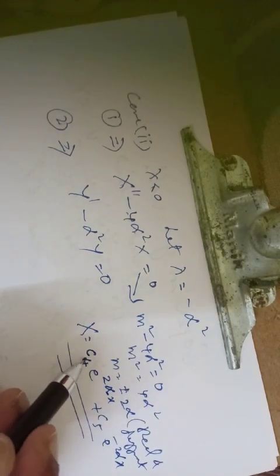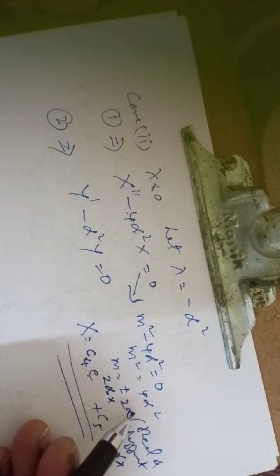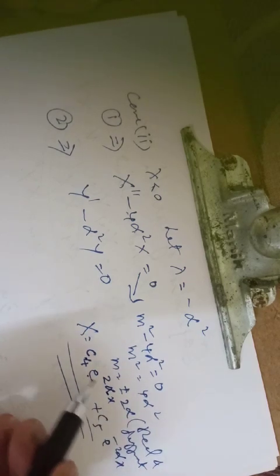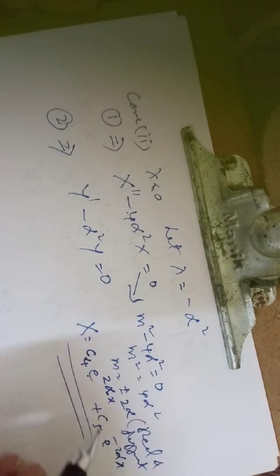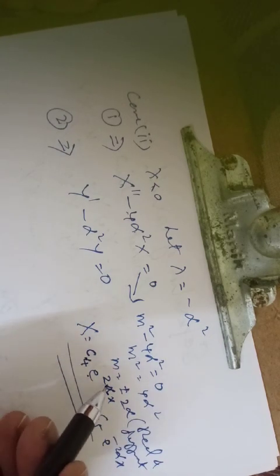So the solution is a constant times e raised to m1 x plus a constant times e raised to m2 x. Here c4 e raised to m1 x, m1 is 2 alpha, plus c5 e raised to m2 x, m2 is minus 2 alpha.